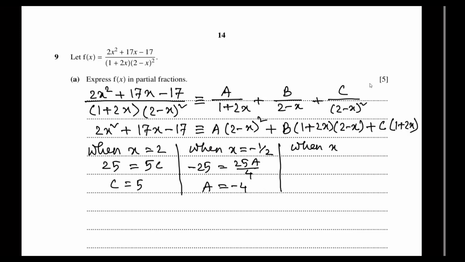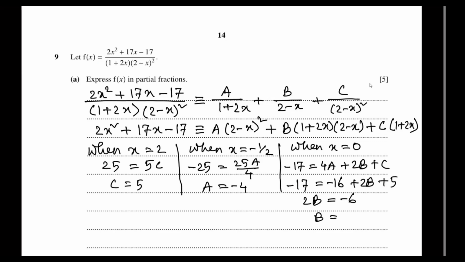So let's say when x equal to 0, the left hand side becomes minus 17, and the right hand side becomes 4A plus 2B plus C. Now you know the value of A and C. Substitute them. So 2B minus 6 will equal to minus 3.